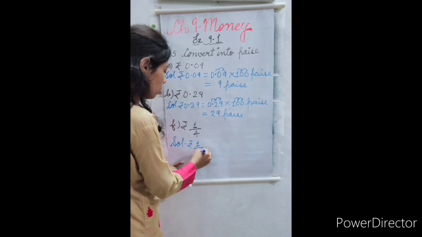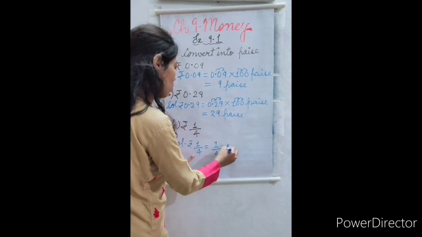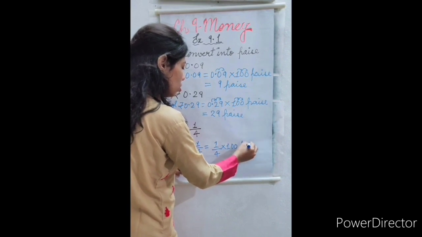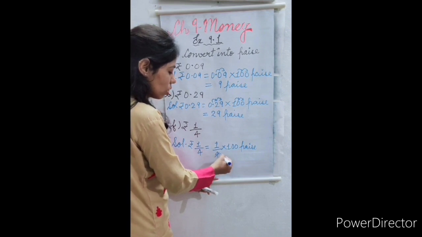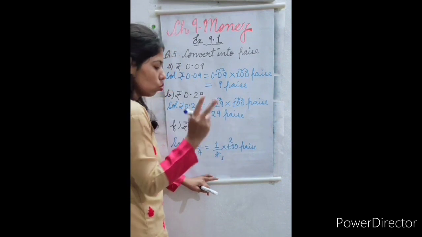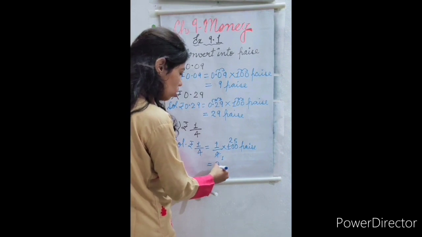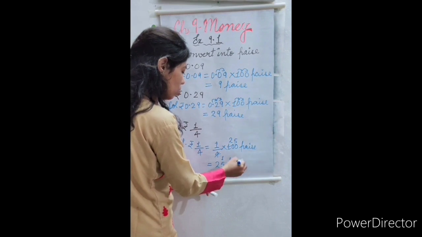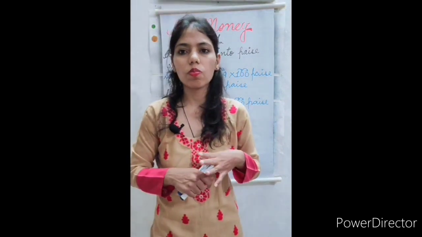Or in the first step only, you can multiply it by 100 paise. So here we can divide this 100 by 4, and when you divide, 4 ones are 4, 4 twos are 8, 9, 10 to 0, 4 fives are 20. So it is equal to 25 paise. So 1 by 4 of a rupee is equal to 25 paise.